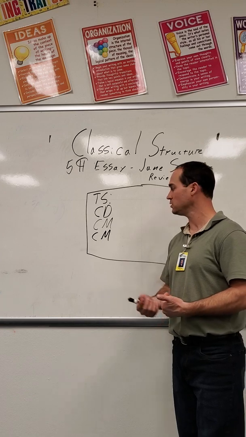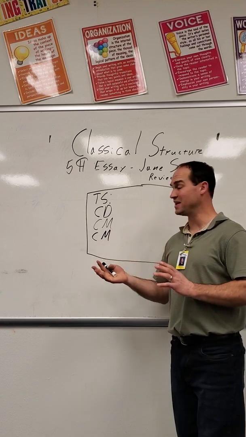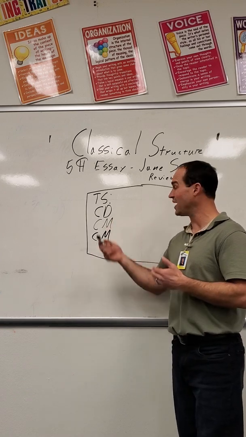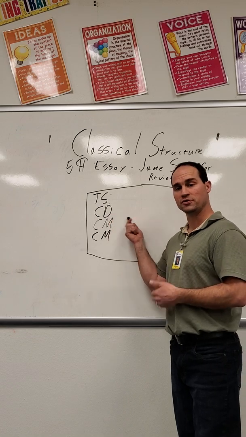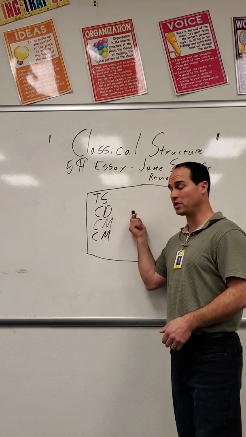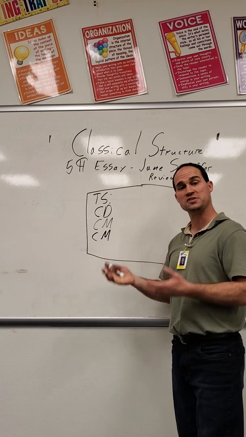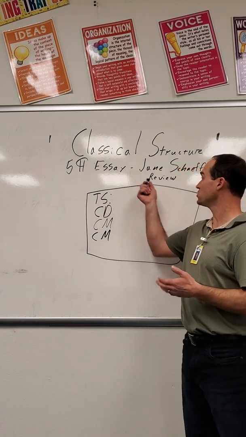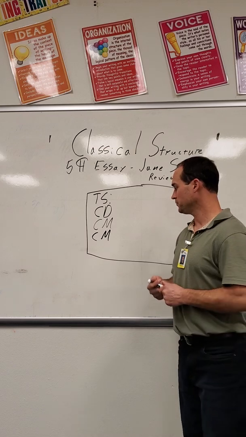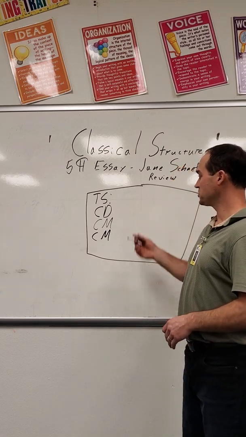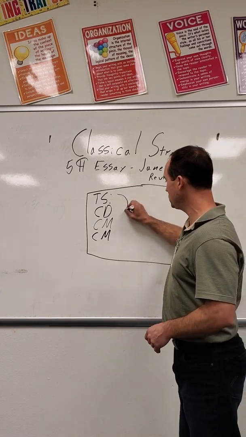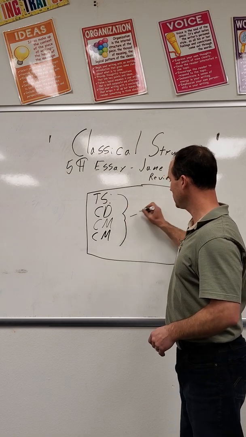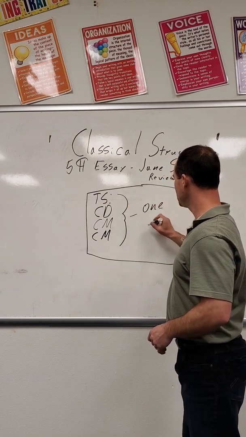You're unpacking it and commenting upon that detail. Why is this quote or paraphrase proof, or good reasoning, to support what your topic sentence is, your reasoning, which ultimately supports your thesis? Okay, and this is what we call one chunk.